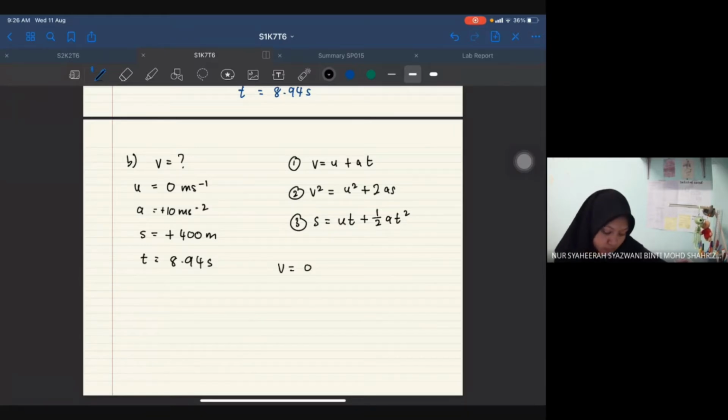The first equation is V equals U plus AT. So 0 plus 10 times 8.94. So you will get 89.4 meter per second. Okay, don't get confused with the unit. For velocity, initial and final is -1. For acceleration, -2. So that's it. That's all, nothing more.